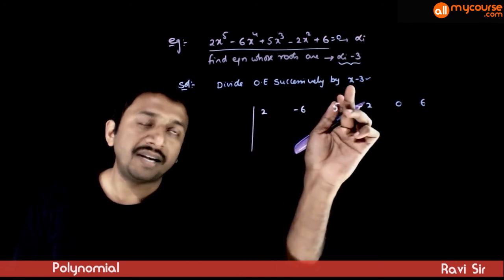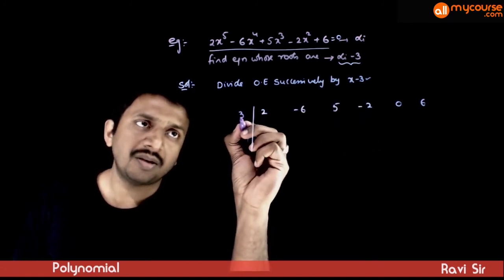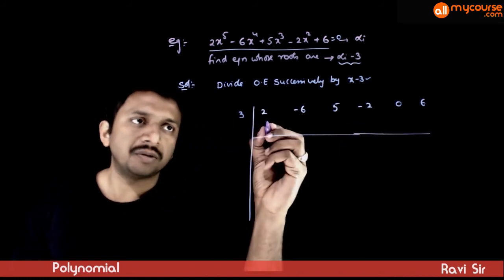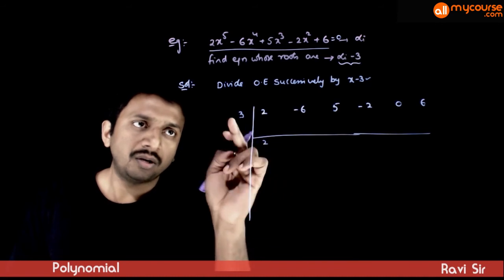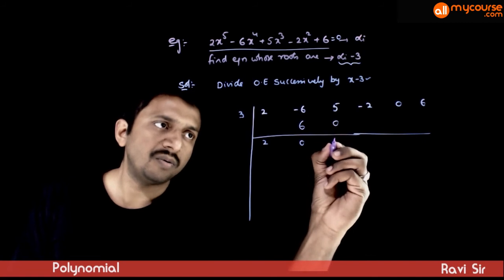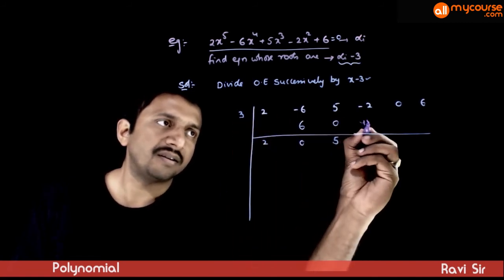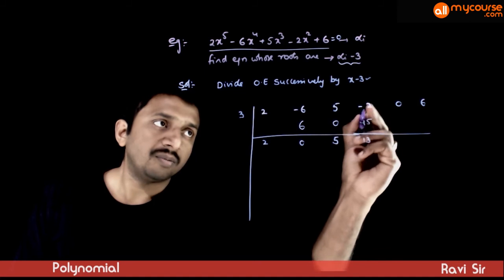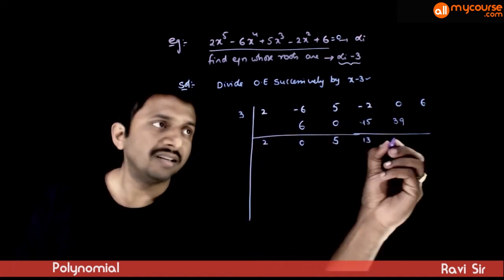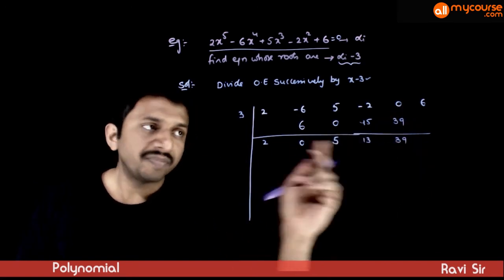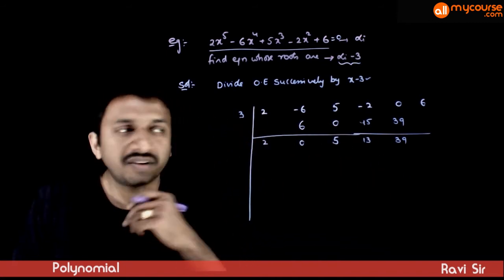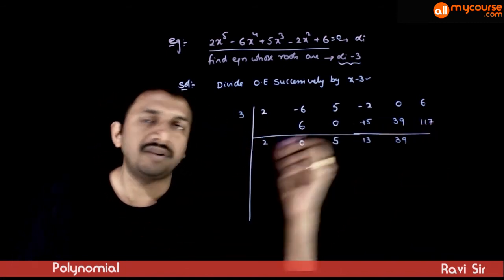Now if you want to divide by x minus 3, you need to use plus 3 here. 2 3s are 6, 0 plus 6 is 0... 0 3s are 0, 5 3s are 15, minus 2 plus 15 is 13, 13 3s are 39, 0 plus 39 is 39, 39 into 3 is 117.